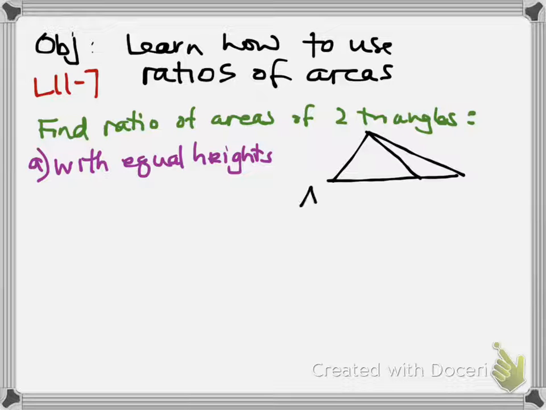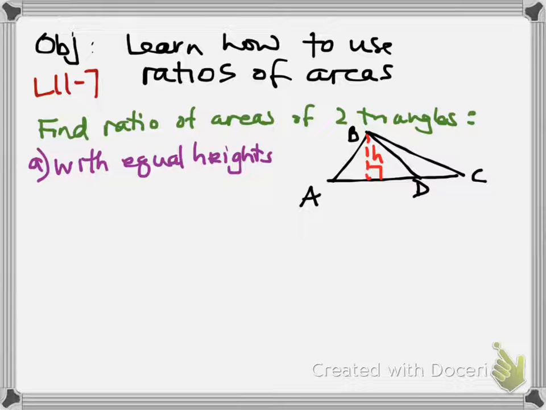So we've got triangle ABC. We've got triangle ABD. We've got triangle DBC. Okay. I'm going to drop down a height. And that height is the same for both of those.